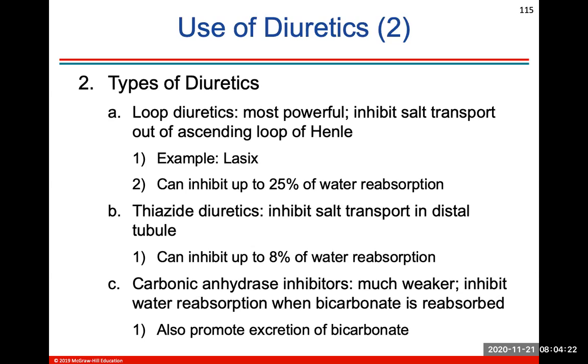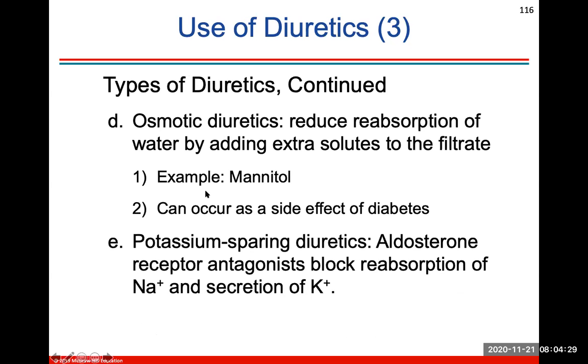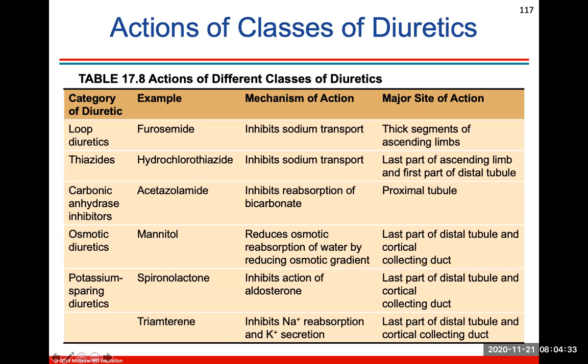So different diuretics, whether it's Lasix, a loop diuretic, or others, work on different parts of the nephron tubular system. You don't need to know the different diuretics, but there are different classes, and they work on different sites of the urinary system to either inhibit reabsorption or inhibit sodium transport to basically make you pee more frequently, and that's what a diuretic is.